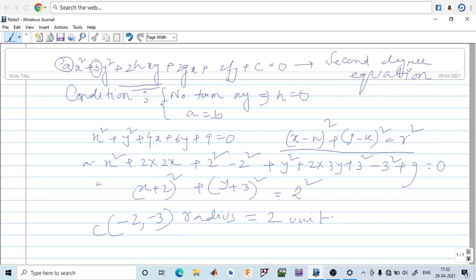And from the second degree equation, considering a and b equal to 1, the equation changes to x square plus y square plus 2gx plus 2fy plus c equals 0.